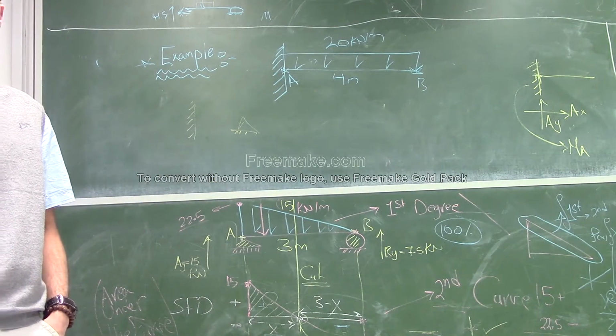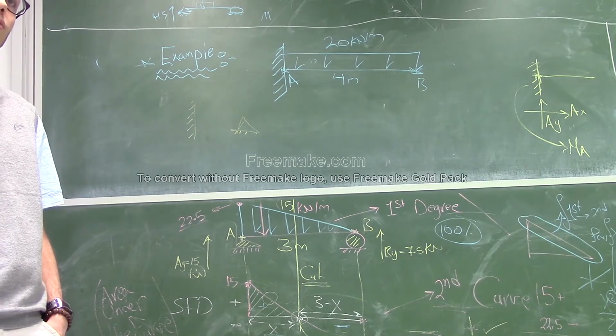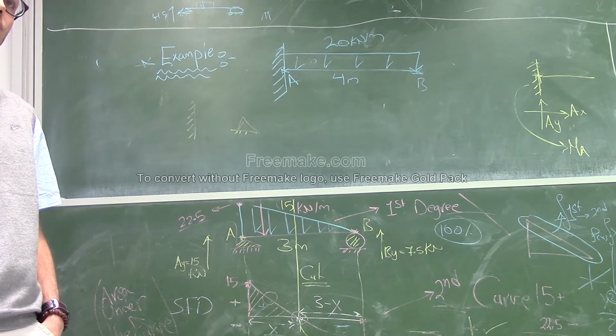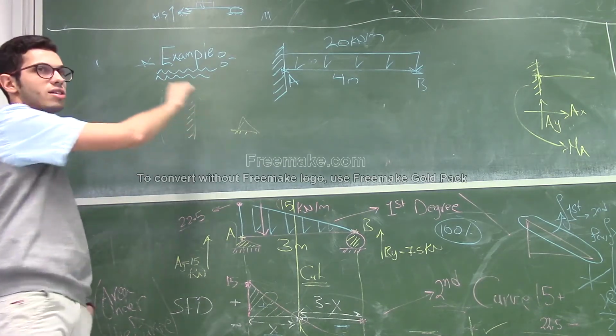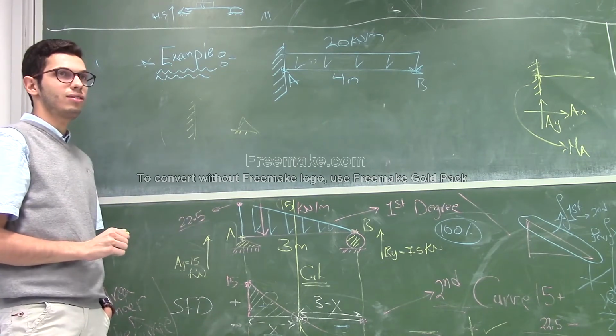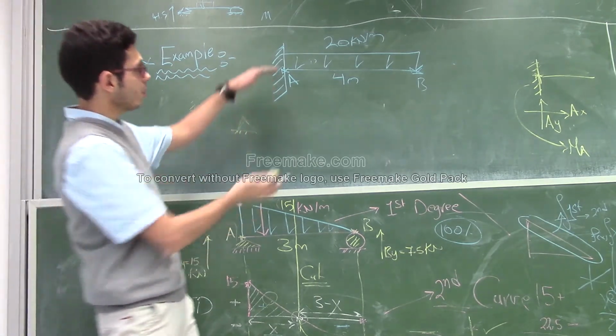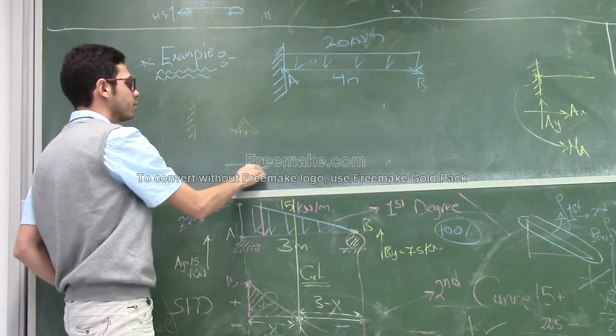Probably not. The hinge should be like the foundation. The foundation can be considered as a fixed support. It's supposed to be a column. Just rotate it and it will be like this.